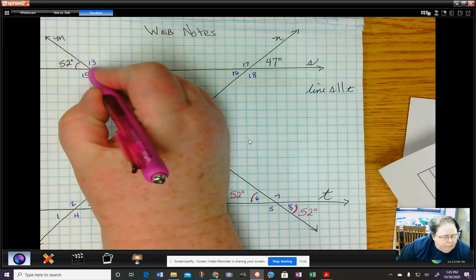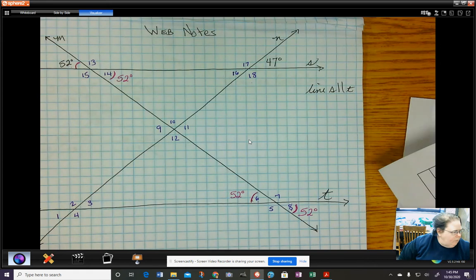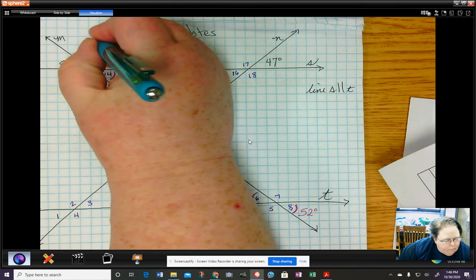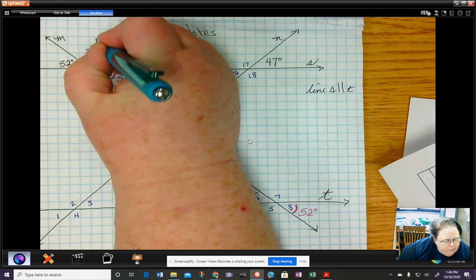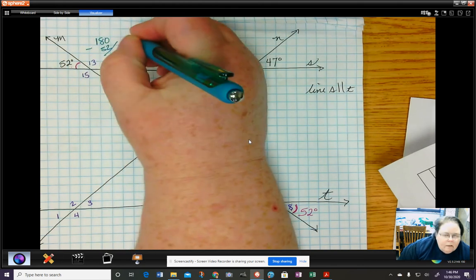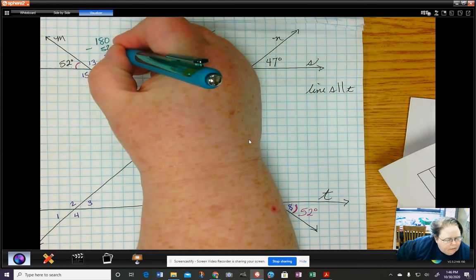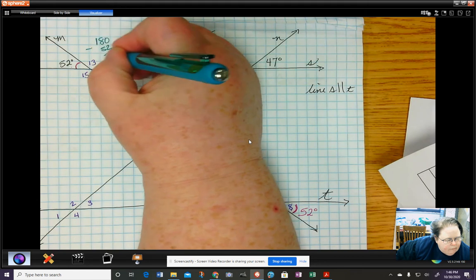How can I get angle 13? Well, angle 13 is a supplementary angle to the angle with 52 degrees. So I'm going to take 180 minus 52, and that gives me 128.